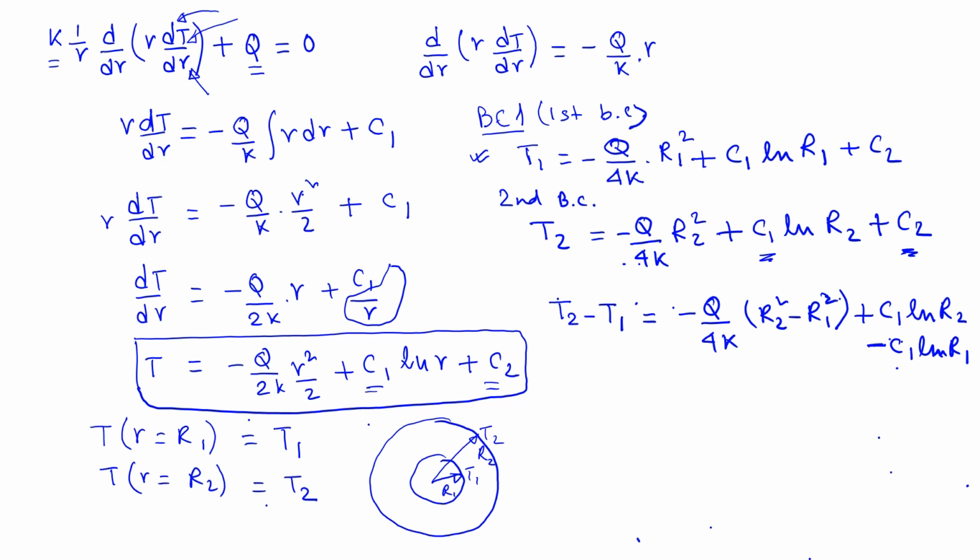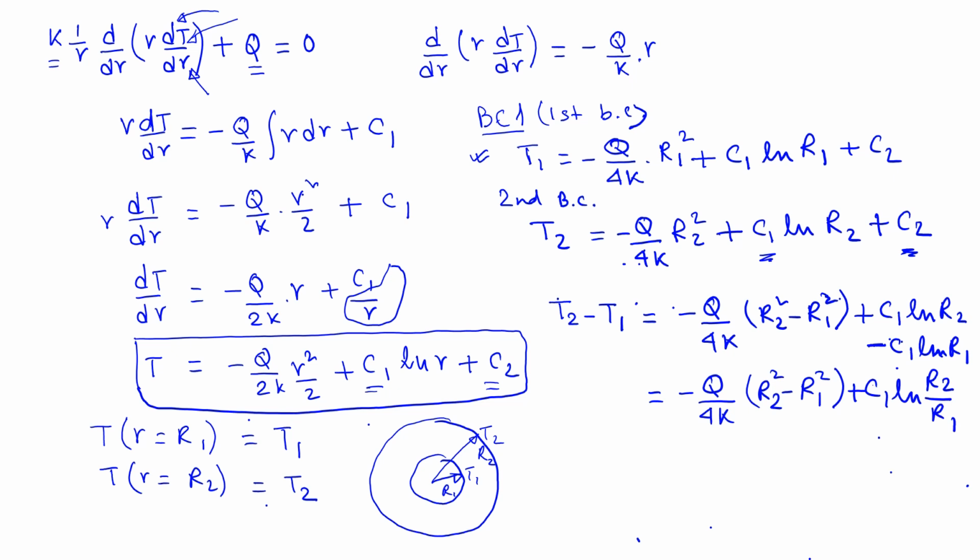Simplifying further, minus q over 4k times r2 square minus r1 square plus c1 natural log of r2 over r1.